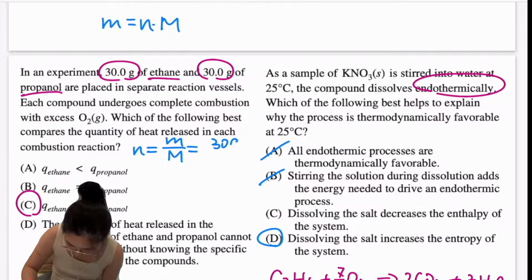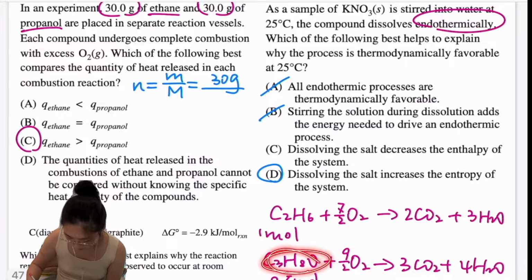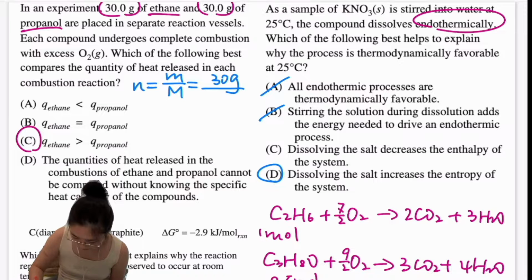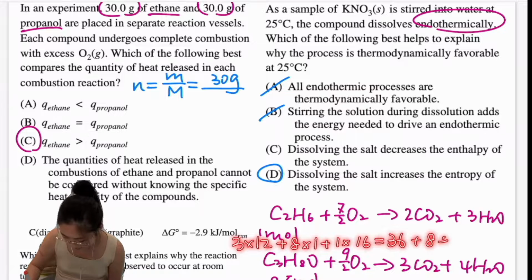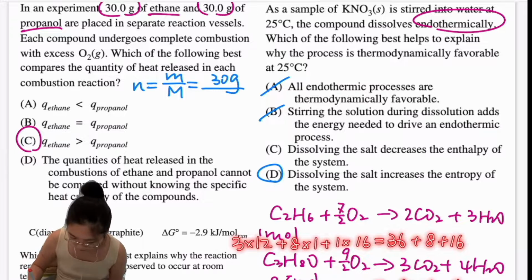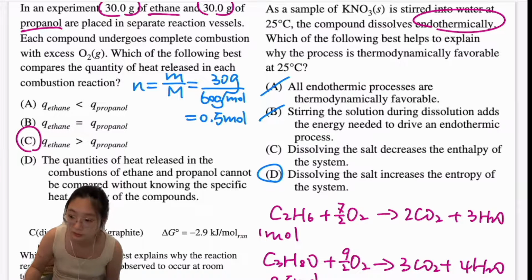We are given the mass, which is 30 grams, and for propanol, once you know its chemical formula, you can calculate its molar mass, which is 3 times molar mass of carbon-12 plus 8 times molar mass of hydrogen-1 plus 1 times molar mass of oxygen-16. So that's 36 plus 8 plus 16, which is 60 grams per mole for the propanol. So 30 grams divided by 60 grams per mole is 0.5 mole of the propanol.